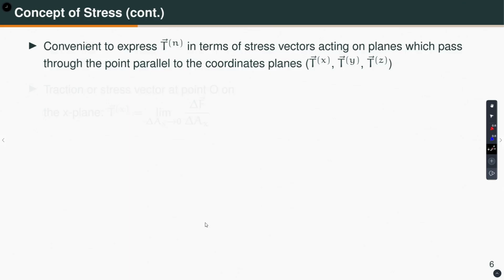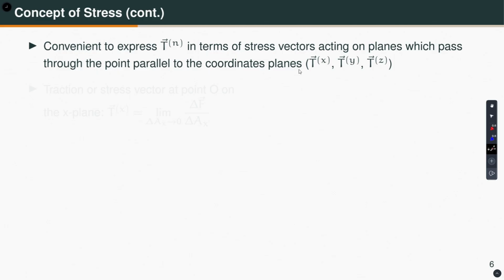Now, it is convenient to express this T n in terms of stress vectors acting on planes which pass through the same point O, but those planes are parallel to the coordinate planes. That means, passing through point O, a plane which is parallel to the xy plane, a plane which is parallel to the xz plane, and another plane which is parallel to the yz plane.